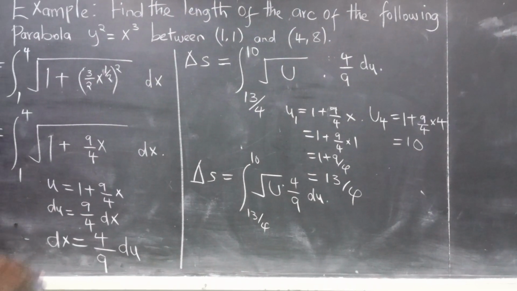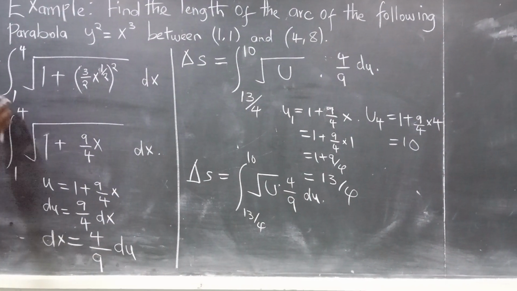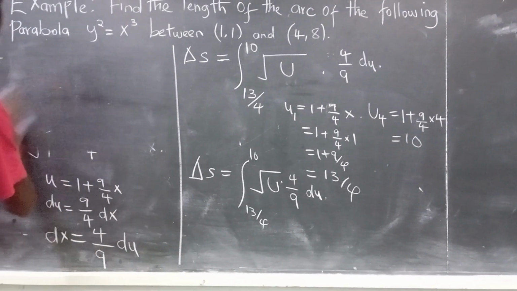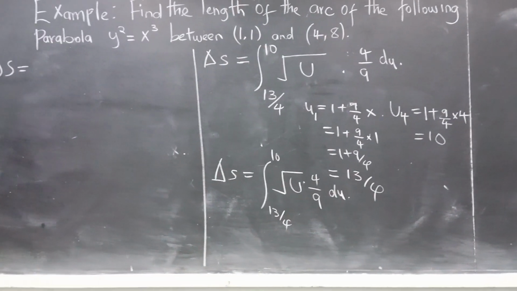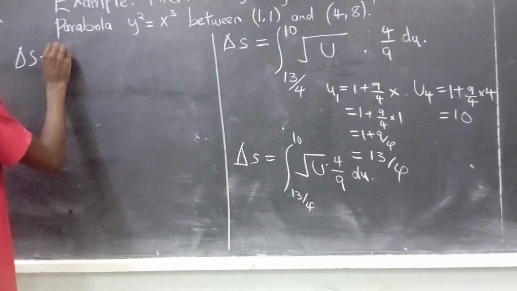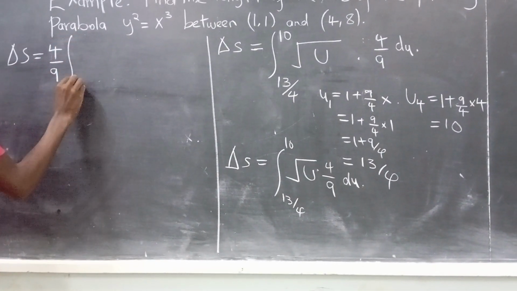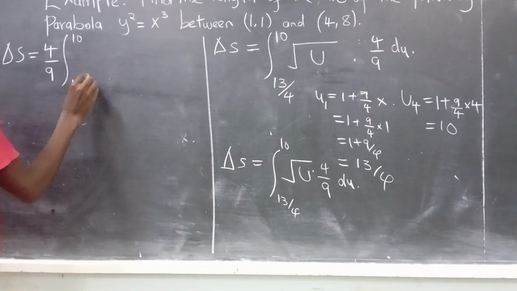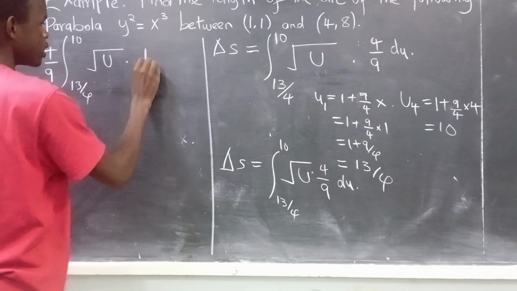So I'll take my constant term outside the integral, so I'll get my ds to be 4/9 times the integral from 13/4 to 10 of the square root of u du.